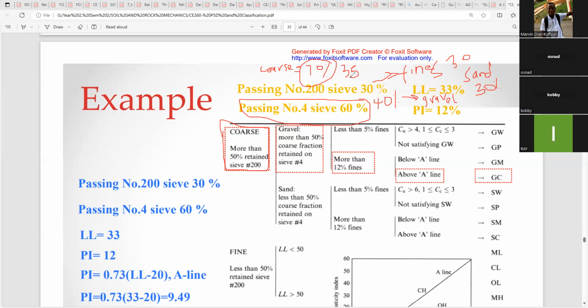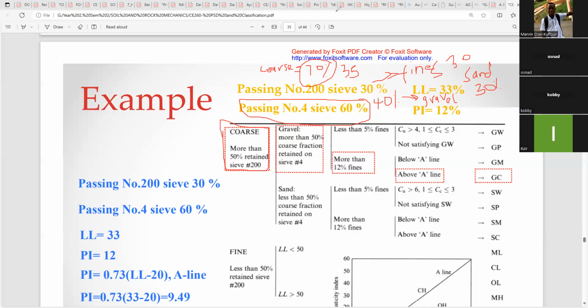We are comparing, so it is greater than the sand, but it is rather less than the gravel. Okay.